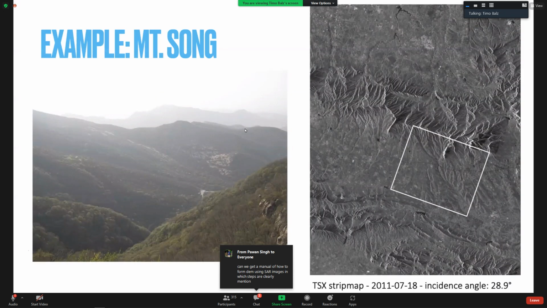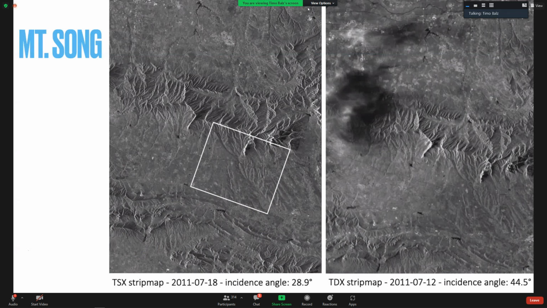I have another example here, which we processed at Mount Song in China. It's a funny example because it's another one with bad weather. We have one image where we get a good view, and the second image where we had a rainstorm, with some rain event and shadow.